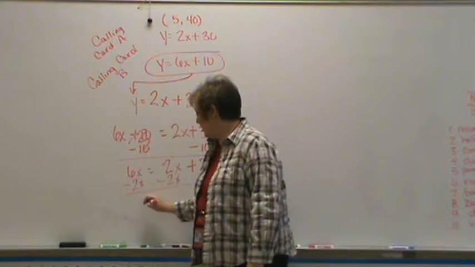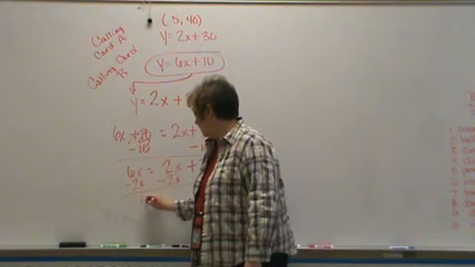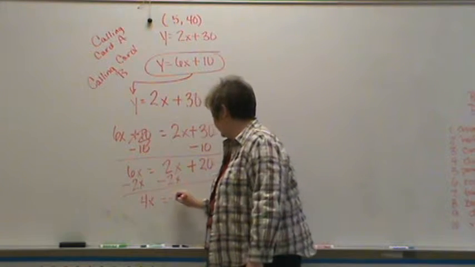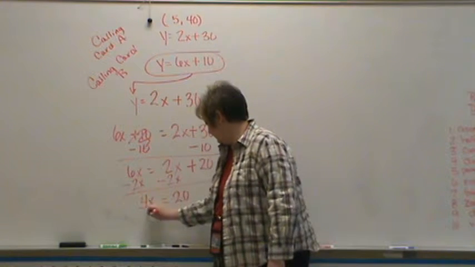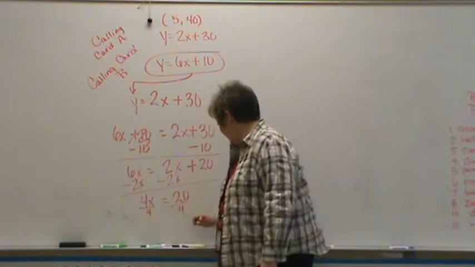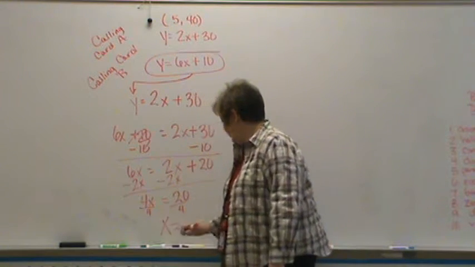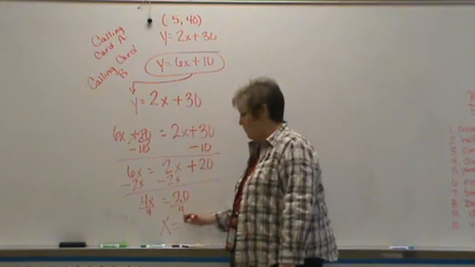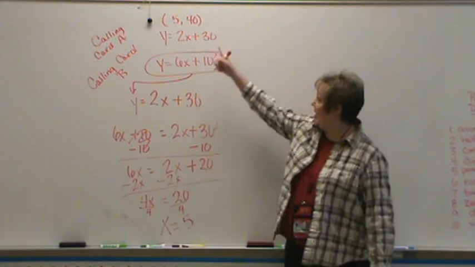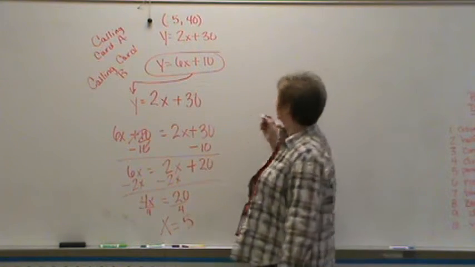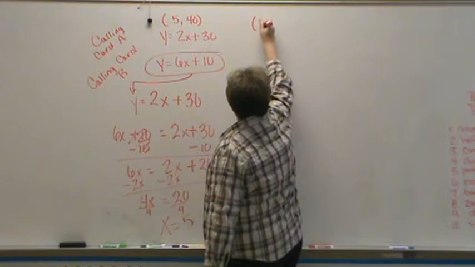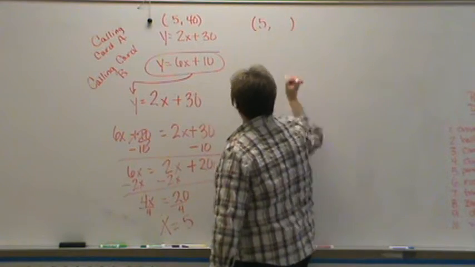Six x minus 2x is? 4x. Then what? Divide both sides by 4. And x equals 5. Well, is that half of the answer that we got yesterday? Yeah. Okay, so today we're getting the same answer so far.